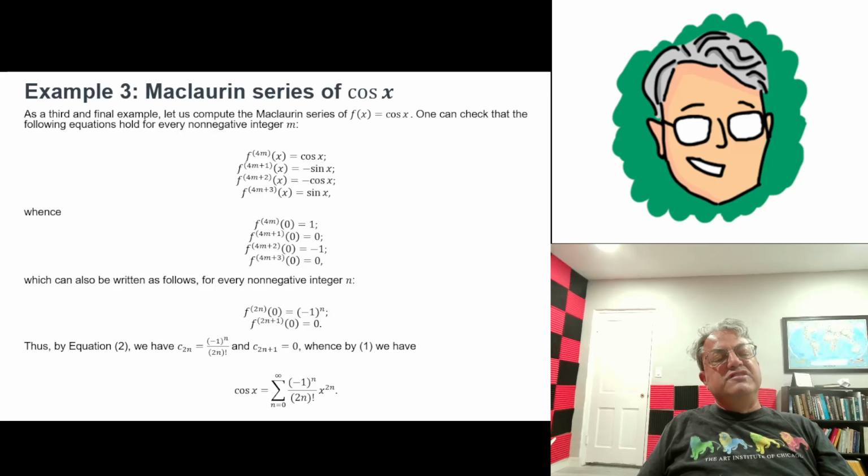And you can calculate C_n. C_2n is minus 1 to the n over (2n) factorial. And C_2n plus 1 is 0. This will give you the form I wrote down here for the Taylor series of cosine x: the sum as n goes from 0 to infinity of minus 1 to the n over (2n) factorial times x to the power 2n.